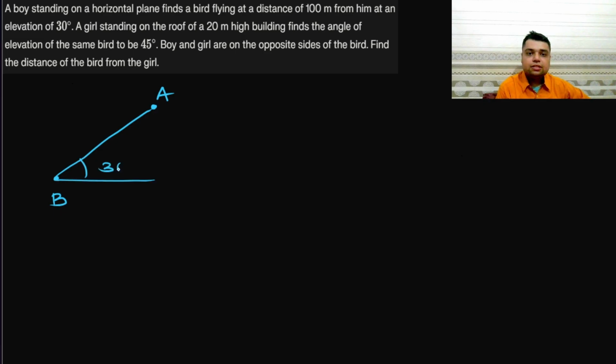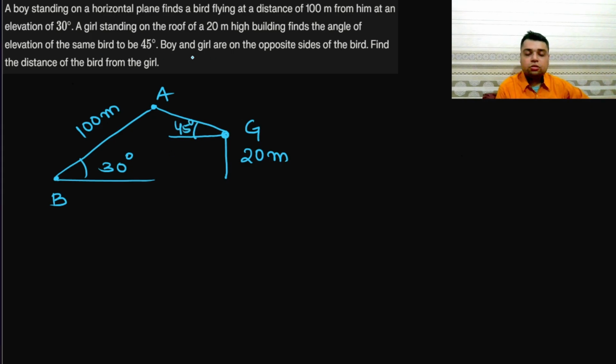This is 30 degrees, and this BA is 100 meters. A girl standing on the roof of 20 meter height. So this is 20 meters. There is a girl G, who finds the angle of elevation of the same bird as 45. So this angle is 45 degrees.